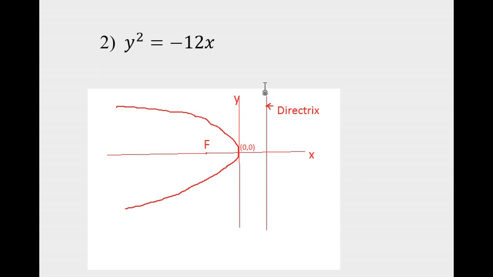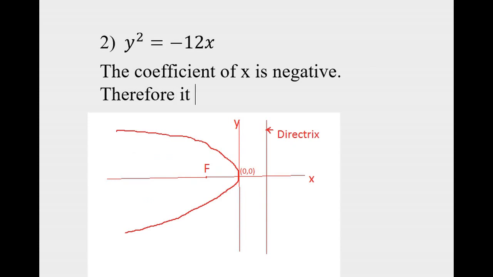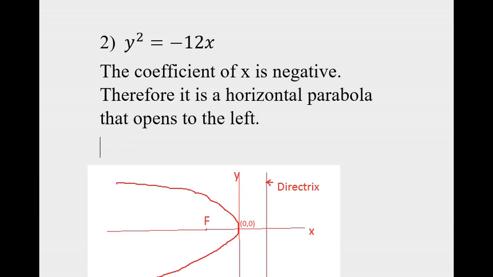We'll take another example. This time I will take an example of a horizontal parabola that opens to the left. See the equation: y squared equals minus 12x. The coefficient of x is negative. Therefore, it is a horizontal parabola that opens to the left.